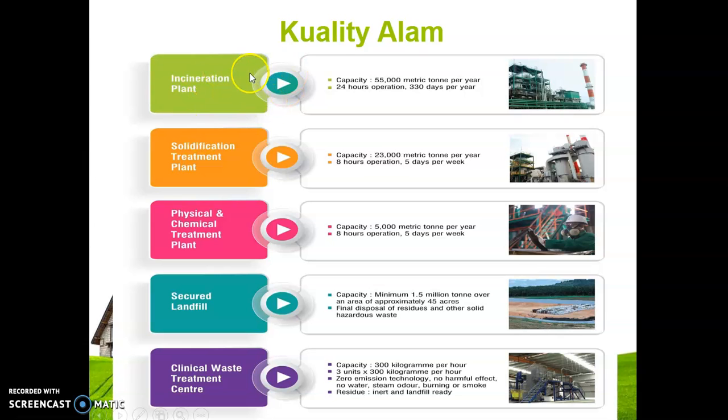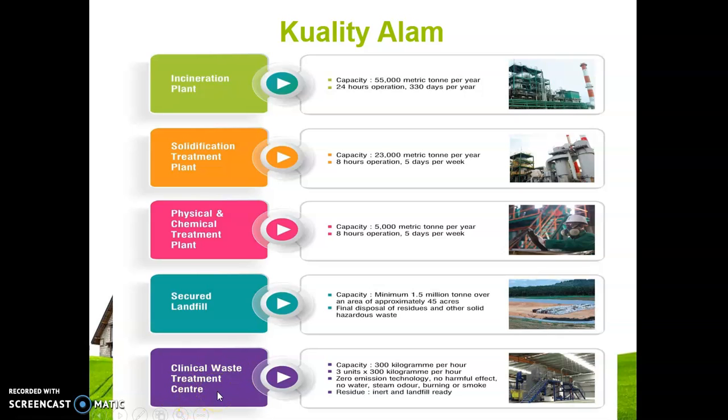So these are what we have at Kualiti Alam. They have an incineration plant, solidification treatment plant, physical and chemical treatment plant, secured landfill, and clinical waste treatment center.